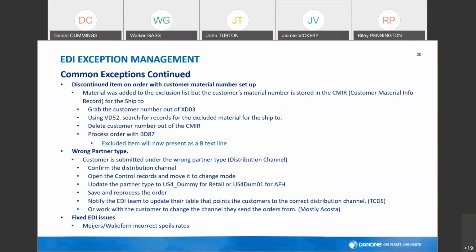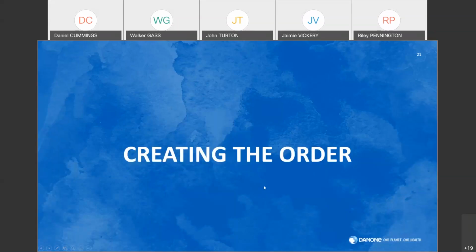It's because the map that we had set up was pulling in the incorrect spoil rates, and so it was actually causing the IDOC to fail, and we had to manually go through each line item and fix it in the IDOC for it to be able to process. And so when Angelica and Walker were temps, that was a lot of the work that they did to help support us, because it was almost a full-time job maintaining and managing those failures. I'm glad we got that taken care of.